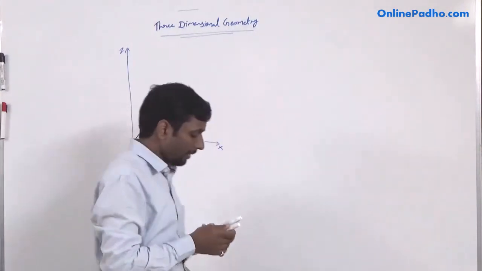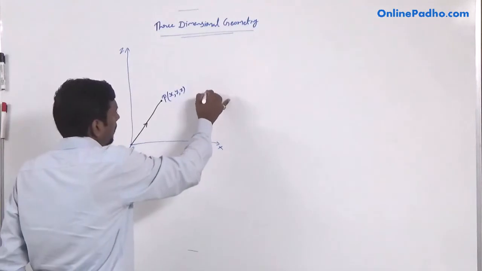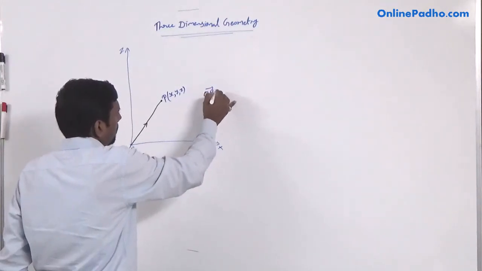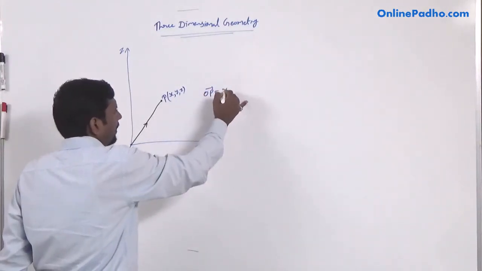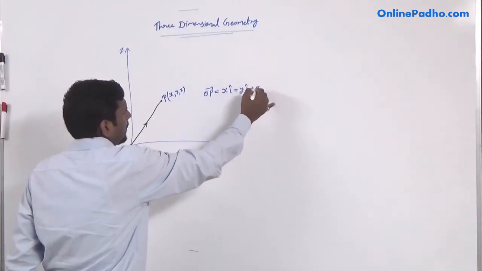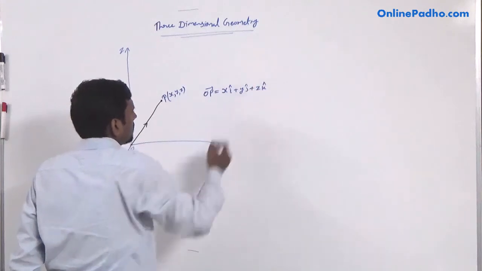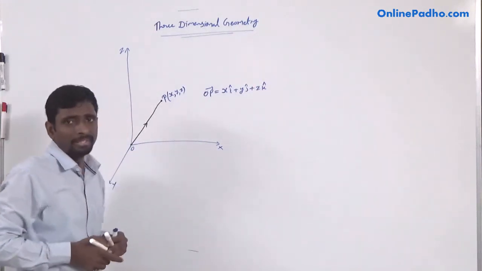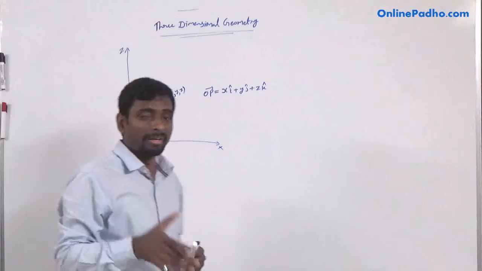What is the OP vector here? If you have to write the OP vector, the position vector of point P is given. We can write it as x i cap plus y j cap plus z k cap. This is the position vector of point P, and that will be called the OP vector.